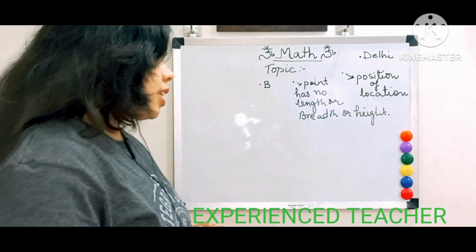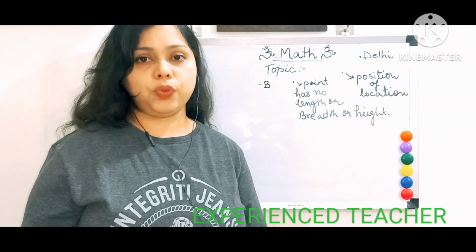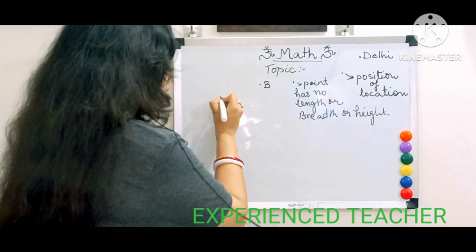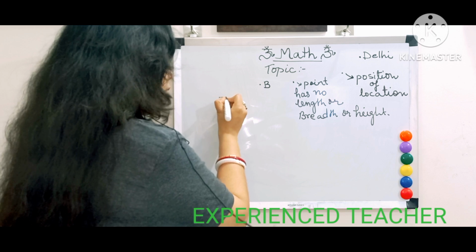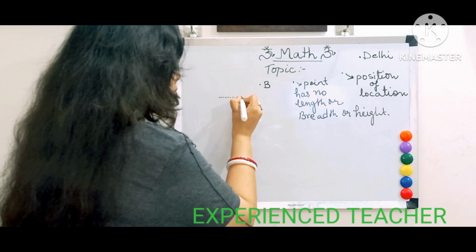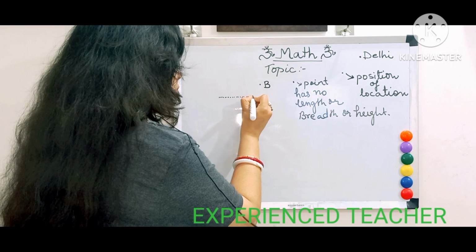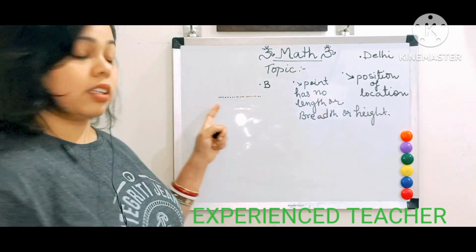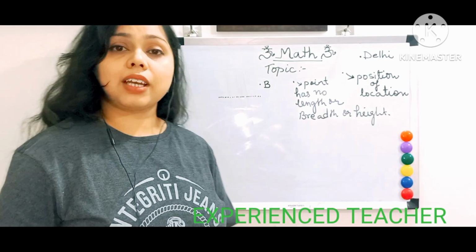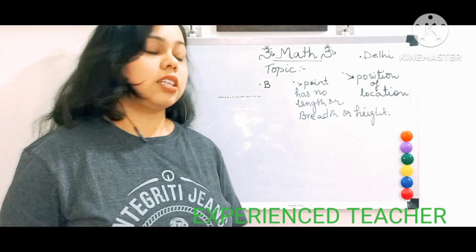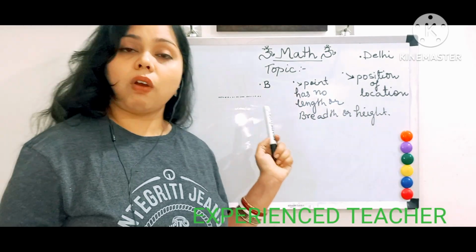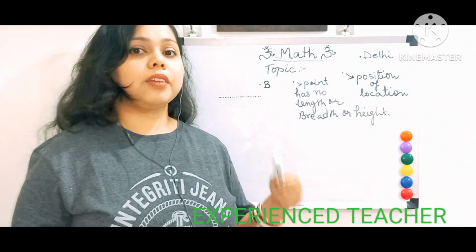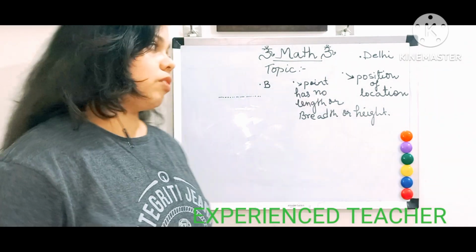Okay. Now, if I draw points like this, these are points, and these points are collinear points, right? If I join all the points, what will it make?